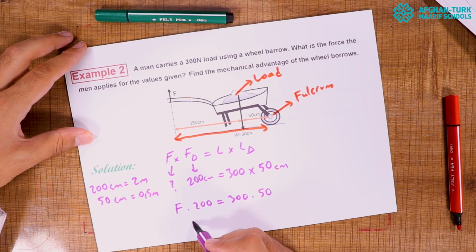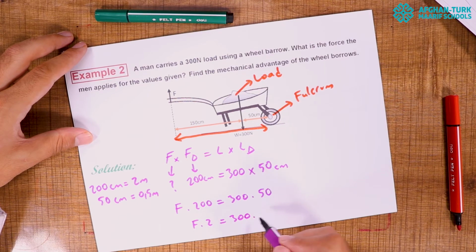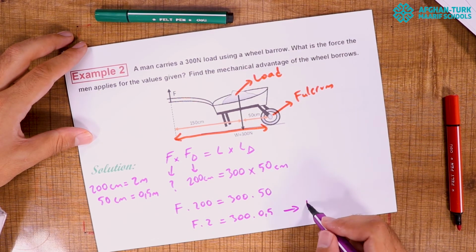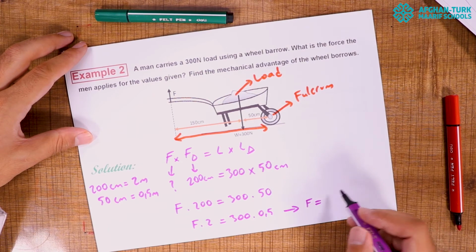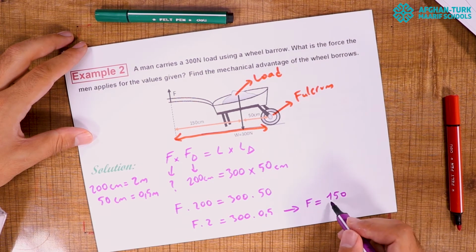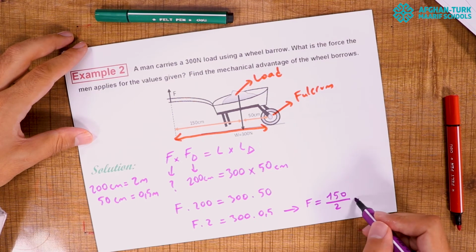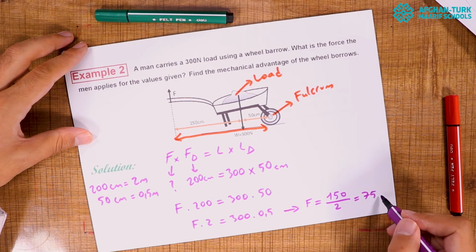So that means F times 2 equals 300 times 0.5. From here, I can find my force as 150 divided by 2, which is 75 Newton.